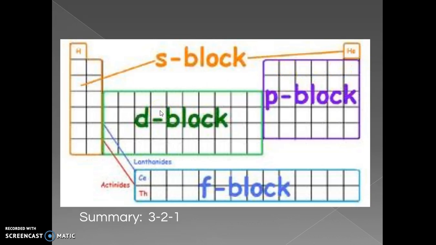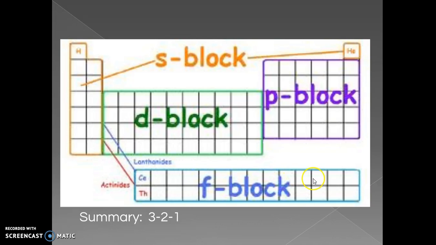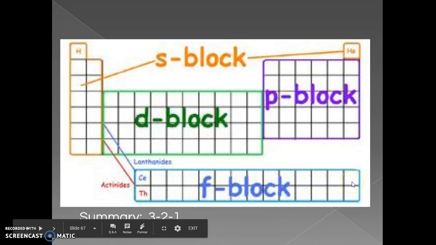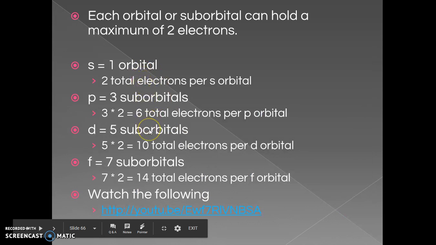A d can hold 10 electrons, and there's 1 through 10. And an f can hold 14 electrons. There's 14 electrons in an f block. So the blocks that we're going to label correspond to the number of electrons each one can hold.